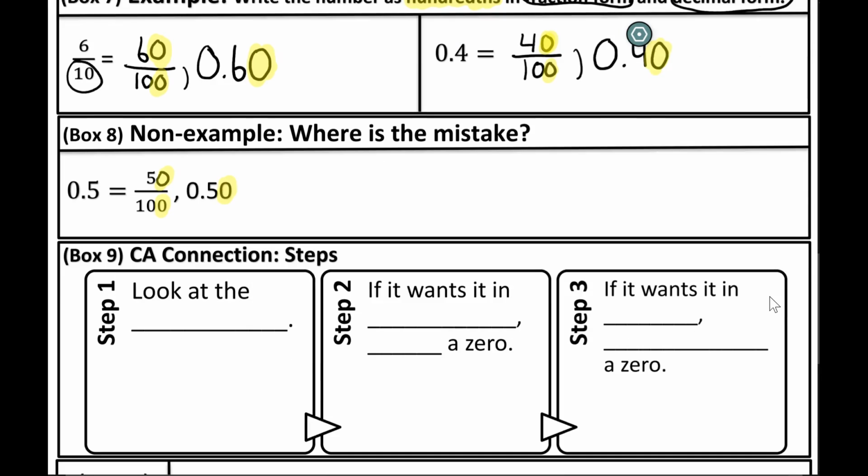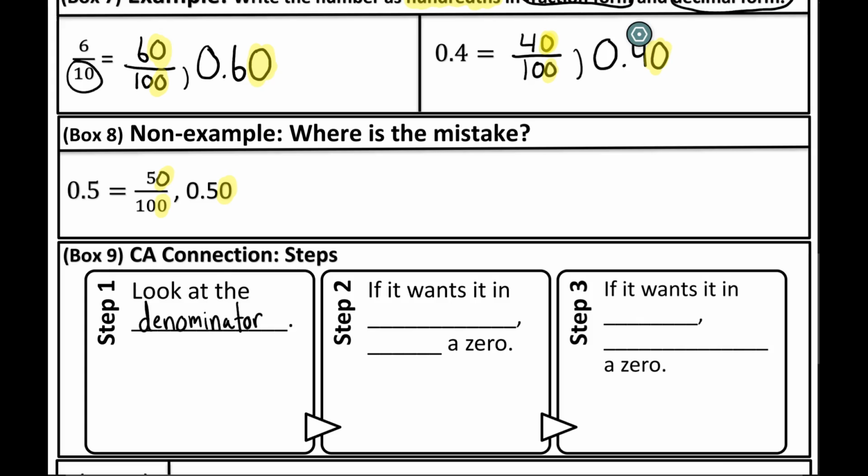Going into box 9, our critical attribute connection. Alrighty, so step 1, we are going to look at the denominator, okay? Look at the denominator. It's either going to be a 10 or a 100, okay? A tenth or a hundredth, sorry.